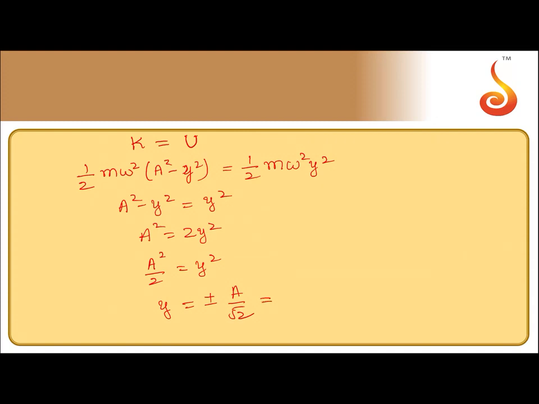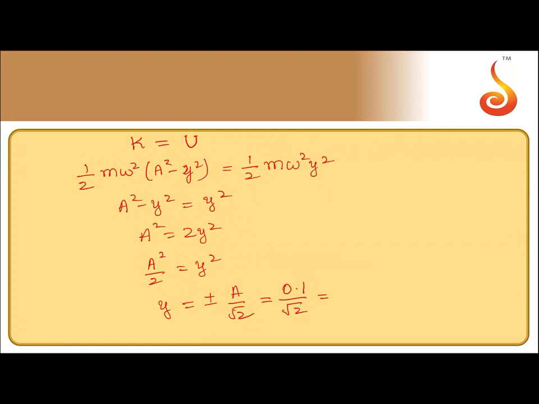So now they have given a value as 0.1. So that divided by root 2. So options are not there.